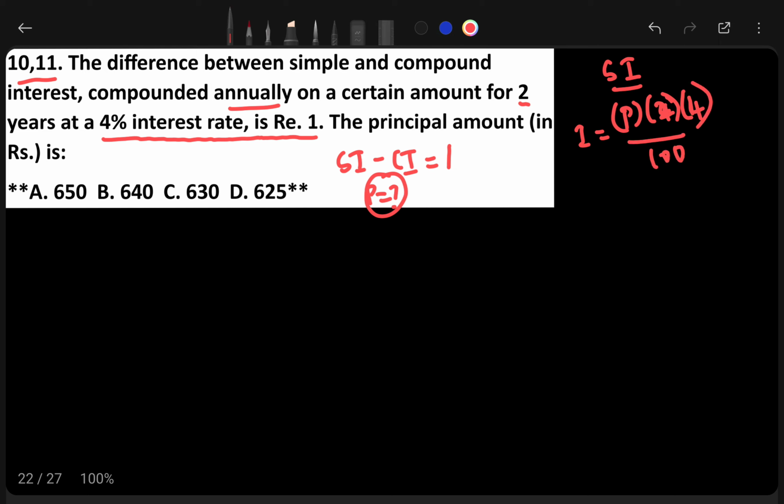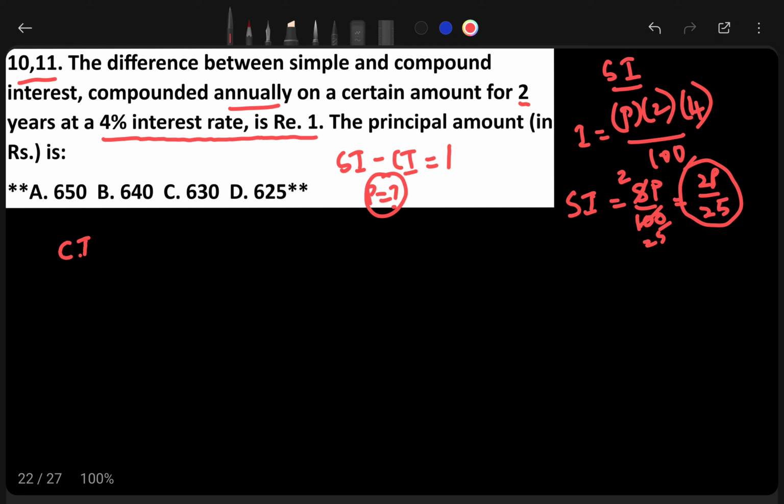So PTR by 100, the interest, is going to be 8P by 100, which is 2P by 25. That is the interest in simple interest.